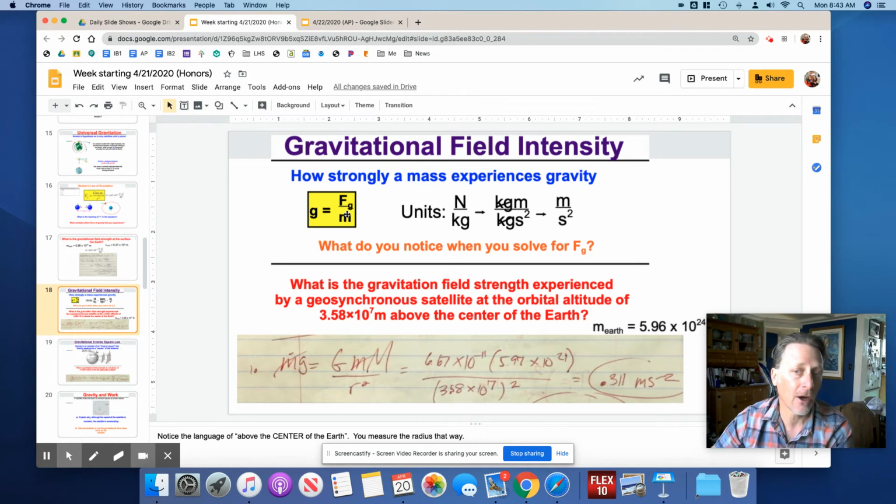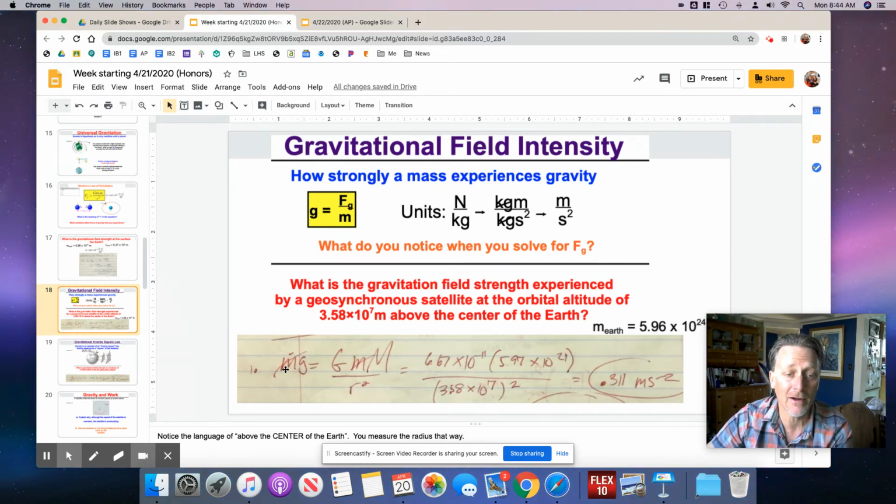It also changes on other planets. So all of a sudden, this g becomes a variable thing. We call it gravitational field intensity, and you can derive it from the formula force of gravity equals GMm over r squared. When I define force of gravity as mg, I can do some cancellation of the little m's, and I get g equals.